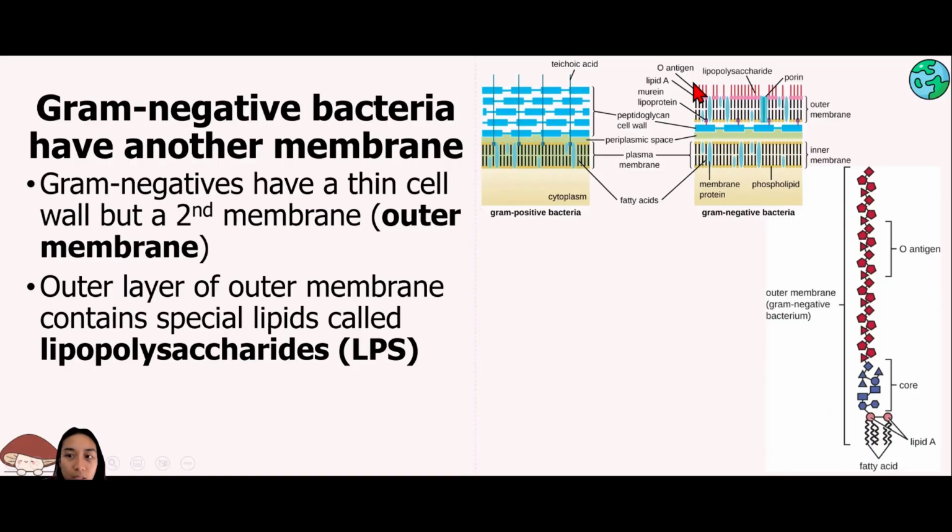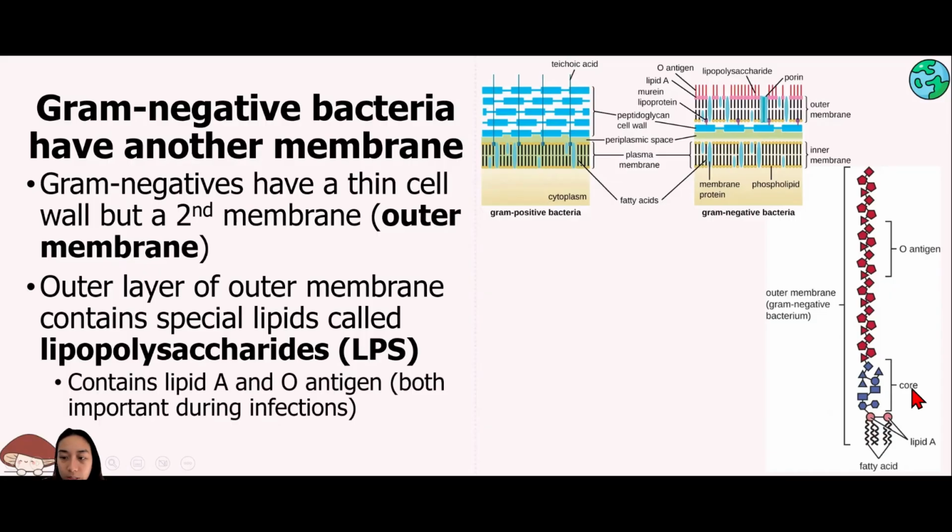So one of the main things that is found in the outer membrane is this lipopolysaccharide, which is shown here. And LPS is the short name for it. It is just a different type of lipid. So as you can see, there's these fatty acids, but then there's like this entire structure that's attached to it.